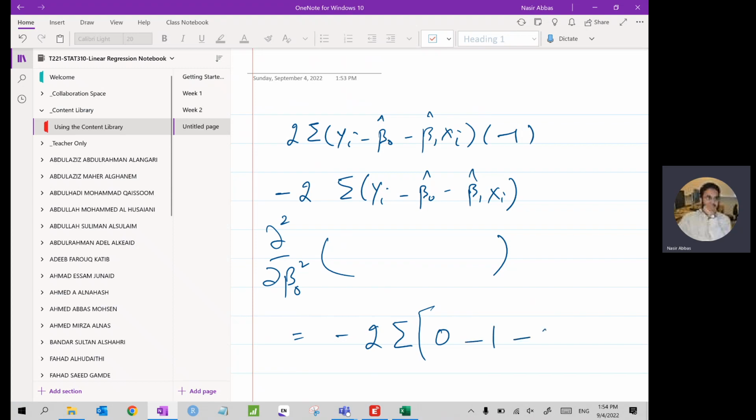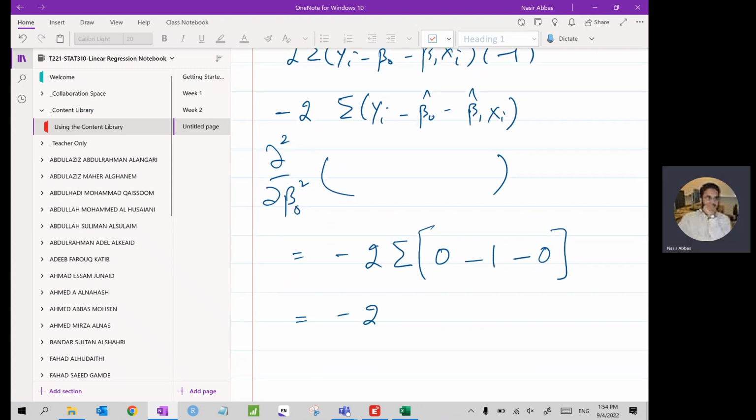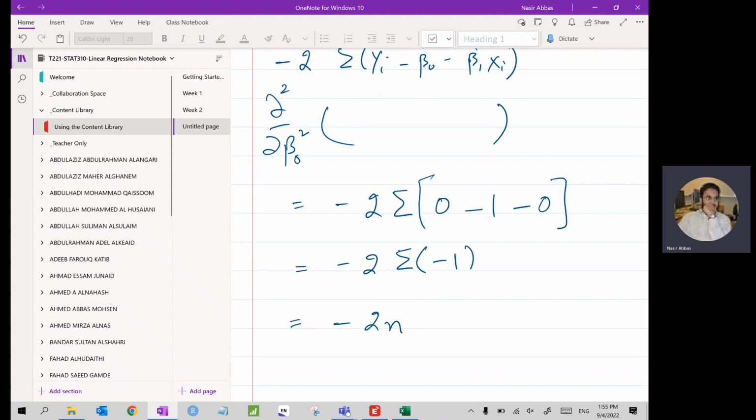Derivative of something, 0, 0. -2 times summation of -1. True? What is the summation of a constant? N times that constant. So it will be -2n plus 2n. Minus minus will cancel. Now this is the second derivative. So this one should be -n times -2. Yes. Thank you so much. Now because the end result is positive, the function is minimized.